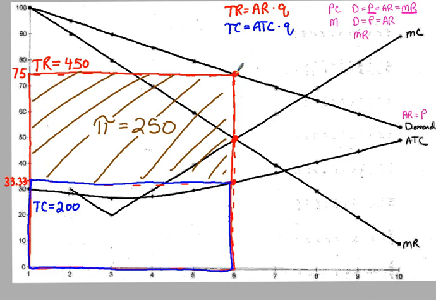Advantage number two is the monopolist enjoys this economic profit right here, and they get to keep enjoying that economic profit. Why? Because nobody can come into the market and compete against them, because remember, there's some kind of barrier to entry that is preventing competition.